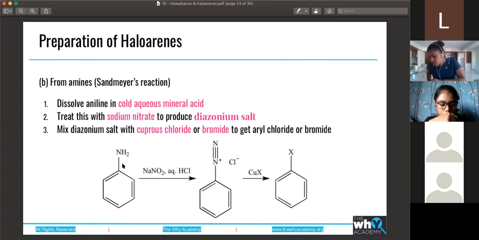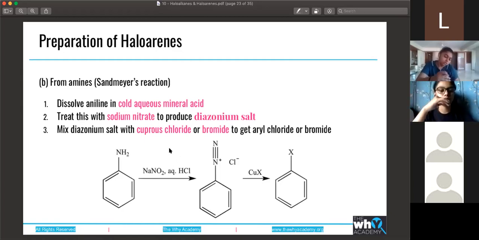An amine group attached to benzene is called aniline. You dissolve aniline in a cold aqueous mineral acid, usually like HCl, you need an acidic condition. Then you treat this with sodium nitrite to produce something called a diazonium salt.